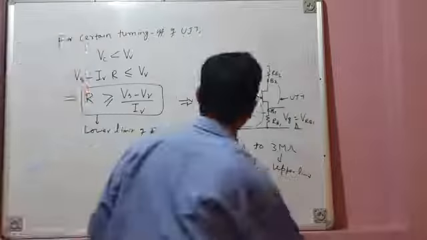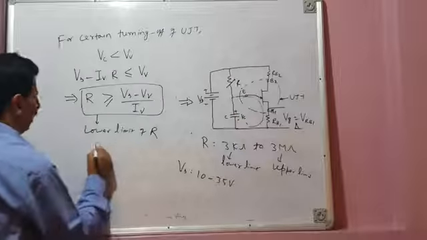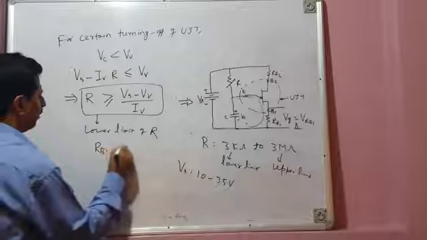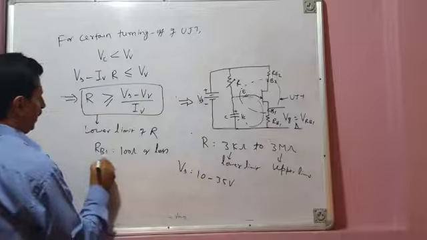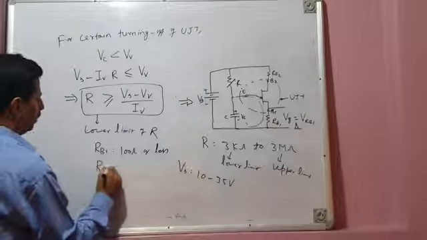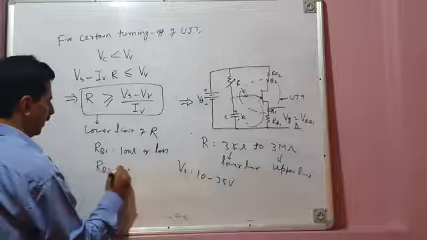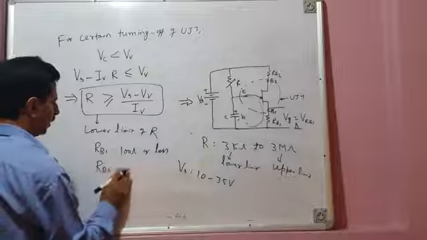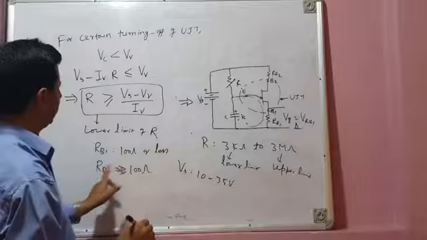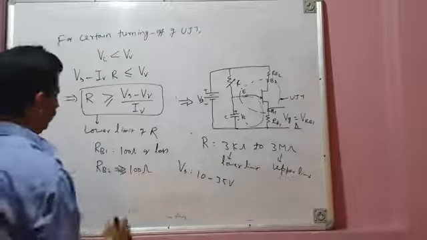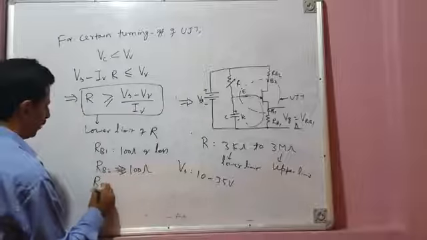And regarding this RB1, RB1 is generally of the order of 100 ohms or less, and RB2 is generally greater than or equal to 100 ohms. RB1 is usually 100 ohms or less, RB2 is greater than 100 ohms, and there is a formula for calculating this RB2.